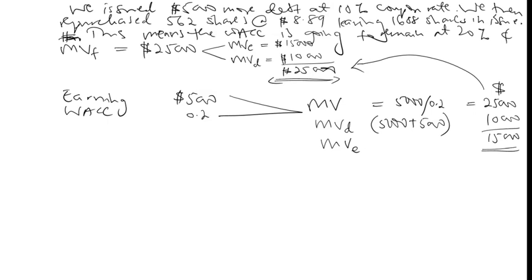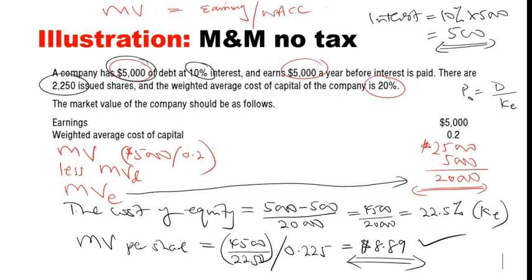Okay, now what about the annual dividends? Initially, the dividends were 4,500 after the interest.